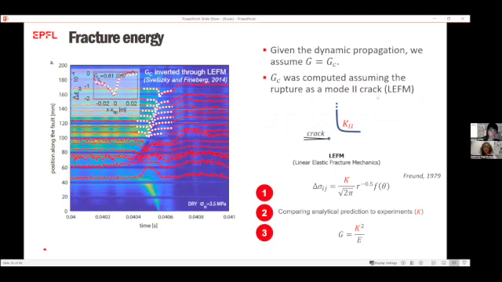So we know that under linear elastic fracture mechanics, as a crack propagates, there is a stress perturbation around the crack tip, and this stress perturbation can be described by one parameter, which is K2 in this case, because we are in mode 2, and is the stress intensity factor.